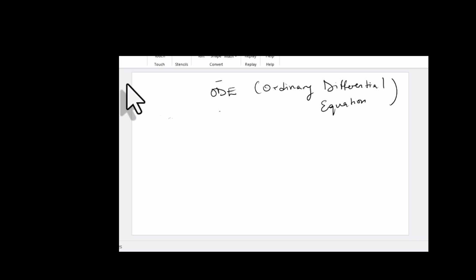It is the easiest and it's like the starting point of solving ODE. So we're going to be solving a lot of questions on variable separable for this first episode.